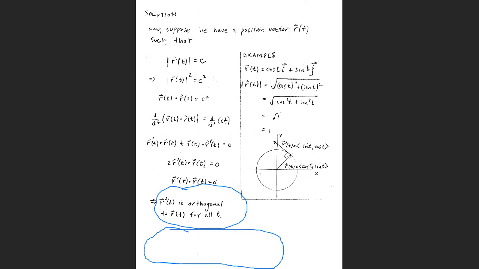It's justified by that fourth formula in section 10.2 for the derivative of vectors formulas.